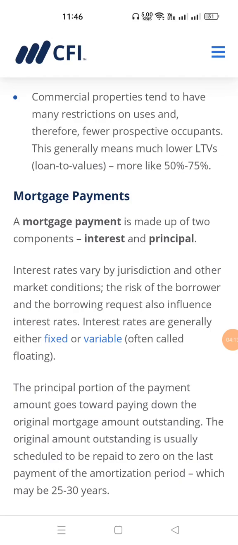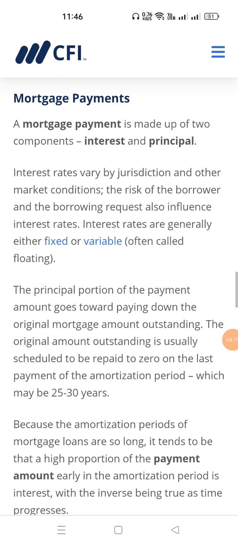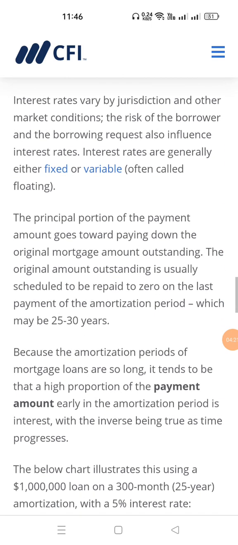Mortgage payments. A mortgage payment is made up of two components, interest and principal. Interest rates vary by jurisdiction and other market conditions. The risk of the borrower and borrowing request also influence interest rates.